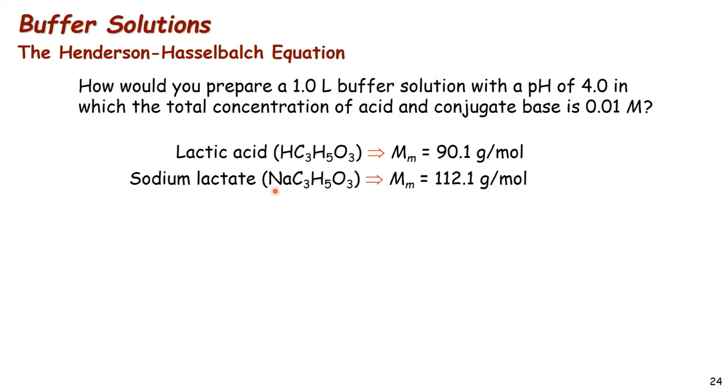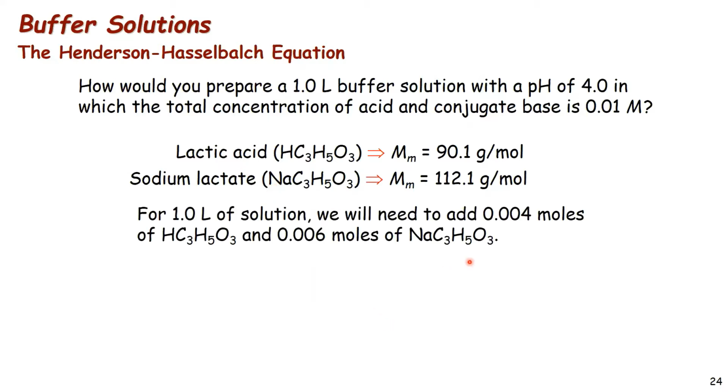That's because lithium, sodium, and potassium salts are strong electrolytes, so they will fully dissociate. It's not going to mess with our equilibrium between our weak acid and weak conjugate base. And secondly, the sodium ion, lithium ion, and potassium ion are the conjugate acids of strong bases. Therefore, they will not affect the pH. The lactate ion will, but not the sodium ion.